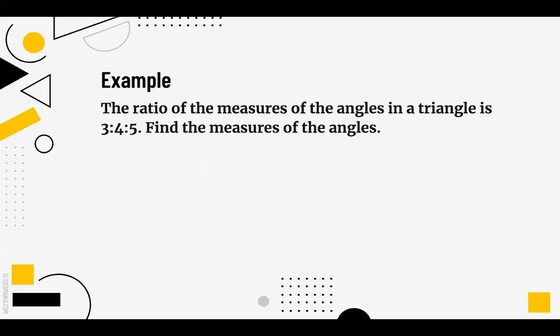So that means that, let me get my pen, whatever my three angles are, when I add them together, they have to be 180, right? And the ratio is 3 to 4 to 5. So 3, 4, and 5, right?